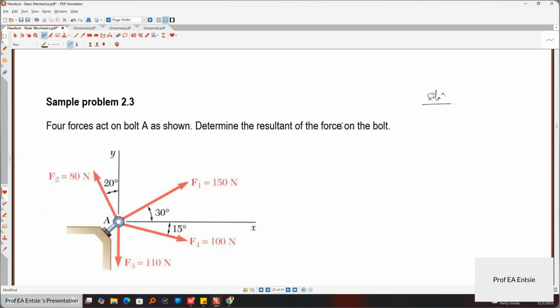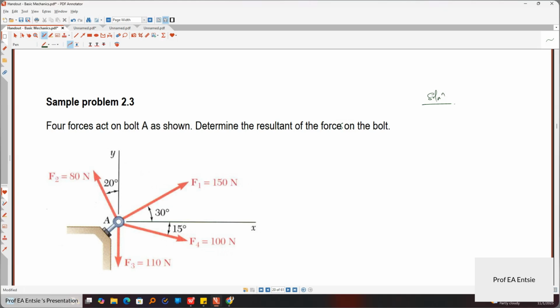Right, so we have four forces here and we are to find the resultant of these four forces. This one would be tricky.